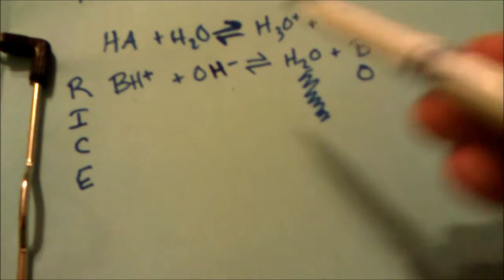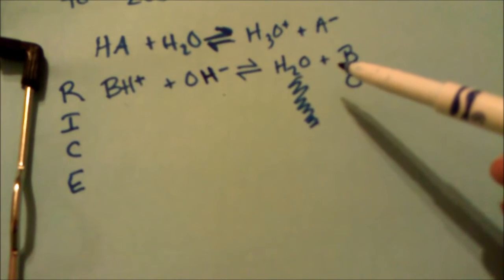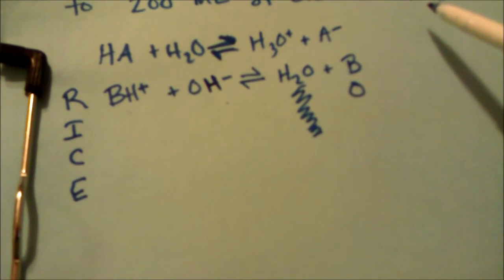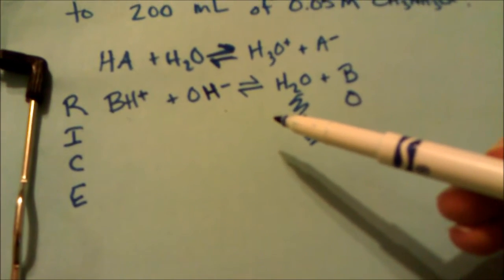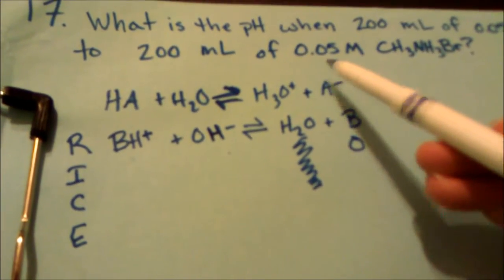Okay, so here's my RICE table. Here's the reaction I've chosen. My starting concentration of BH plus is something that I have to think about for a moment here. I started with 200 mL of 0.05 molar CH3NH3Br.